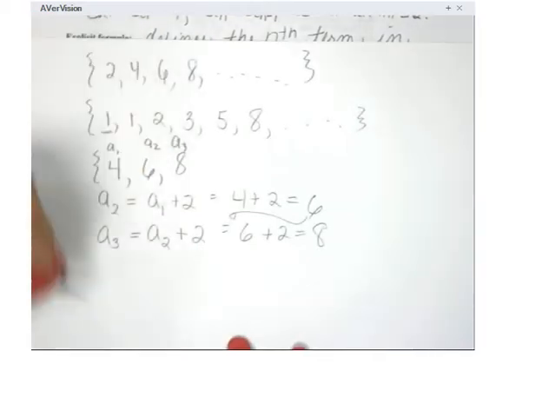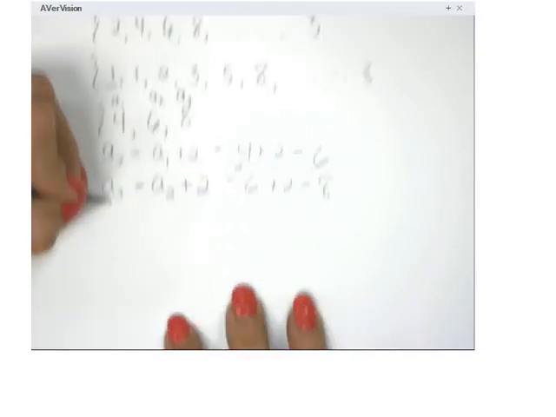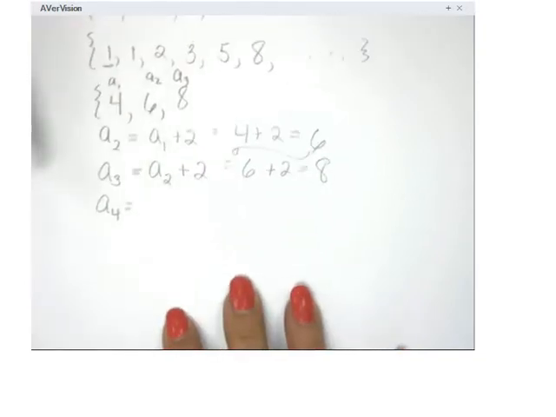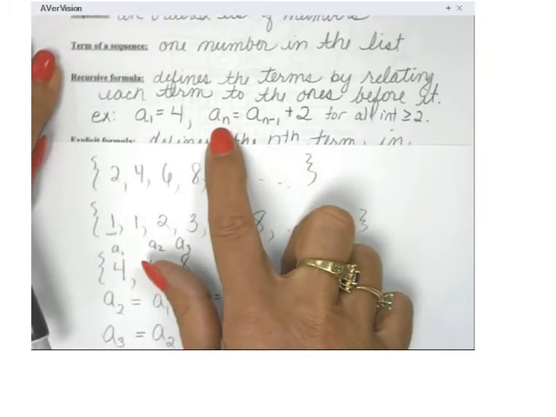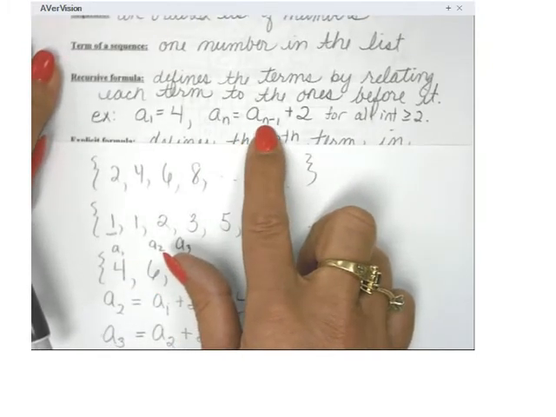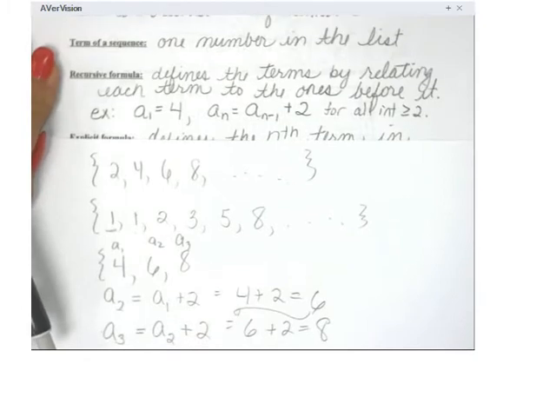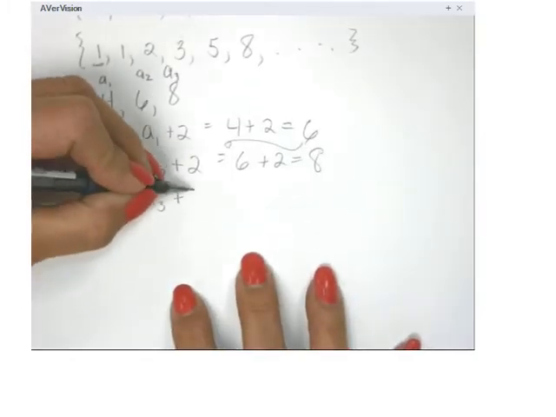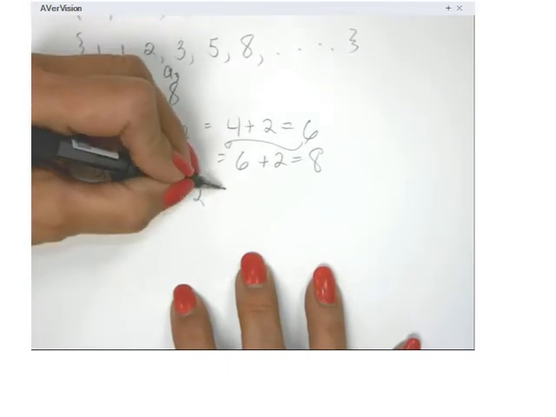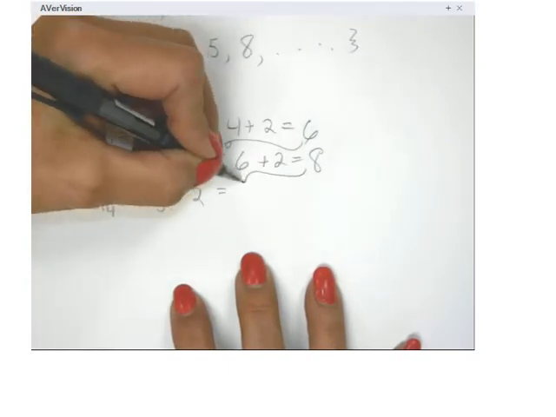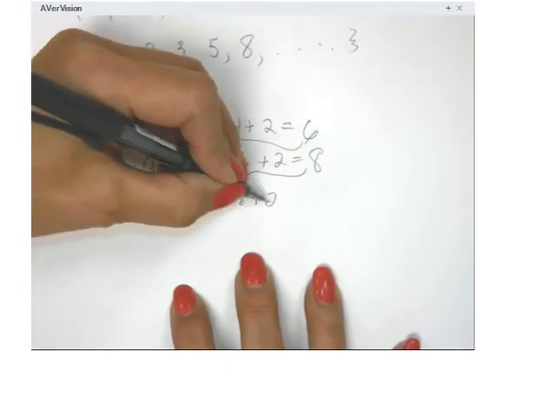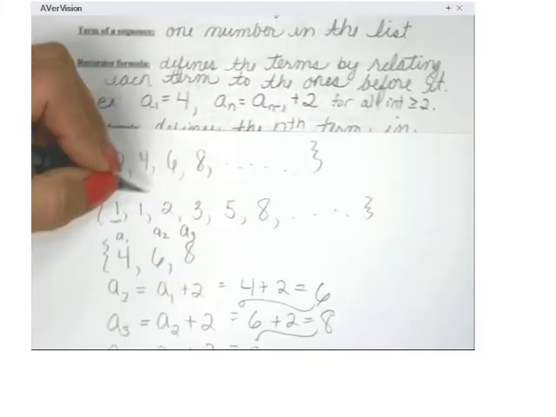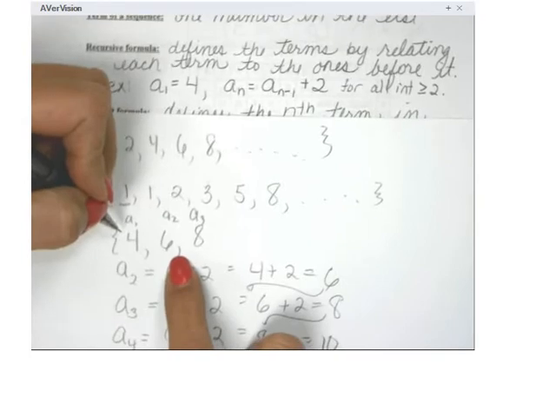Let's find one more, the a sub fourth term. I plug 4 right here and right here. And so my a sub fourth term will be take the a sub third term and again add on 2 each time, which means I need to take the number in front, add on 2, and I'm going to get 10.